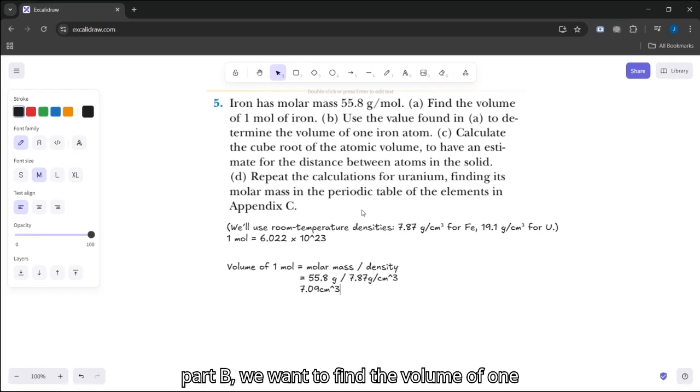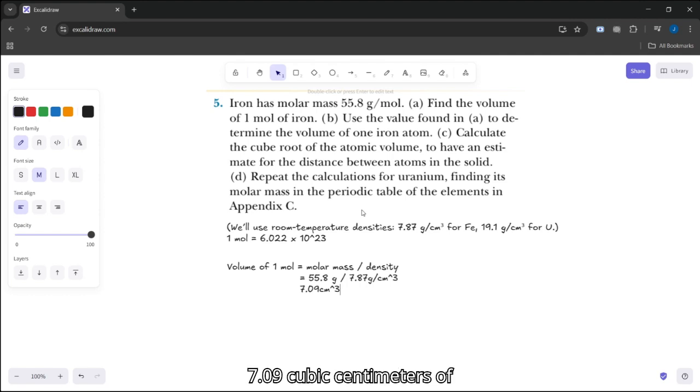For part B, we want to find the volume of one iron atom. We know that volume is mass over density. However, we can't mix the mass of 1 mole with the density of an atom. We can't apply mass over density directly unless we know the mass and the density of a single atom, and we usually don't. But we do know this.